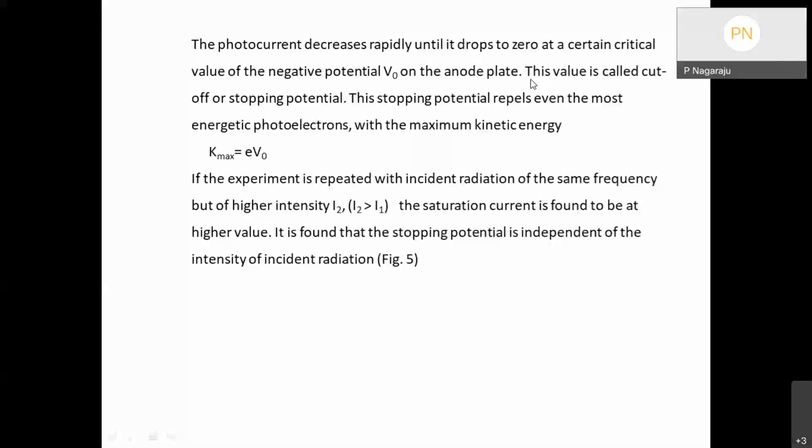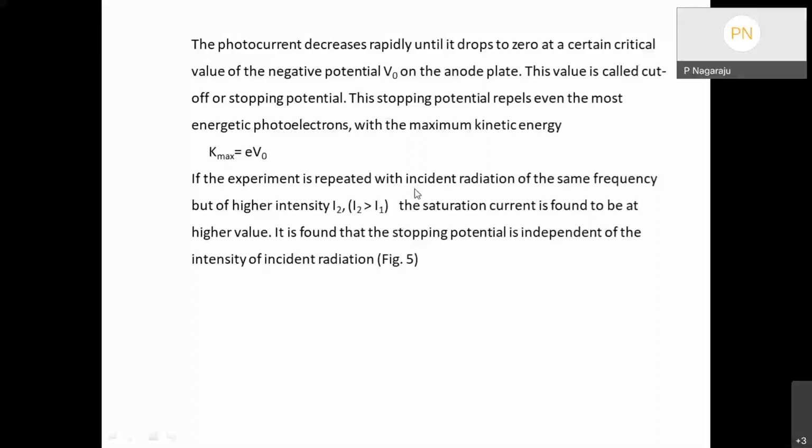This value is called the cutoff or stopping potential. This stopping potential repels even the most energetic photoelectrons. And with the maximum kinetic energy, we can put it as K maximum equals eV naught, where e is the electronic charge and V naught is the stopping potential.